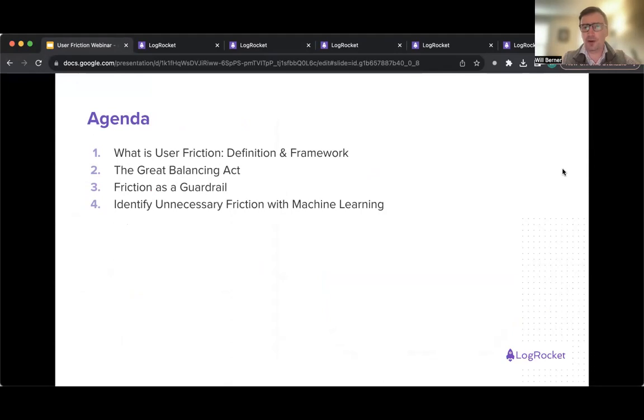We're going to talk a little bit about how these different flavors need to be balanced, and it's not always as simple as just eliminating interactions or removing friction entirely from your product experience. We'll talk about this concept of friction as a guardrail, and then we'll talk about how you can identify unnecessary friction points with machine learning, which will be our little plug for LogRocket towards the back half here.